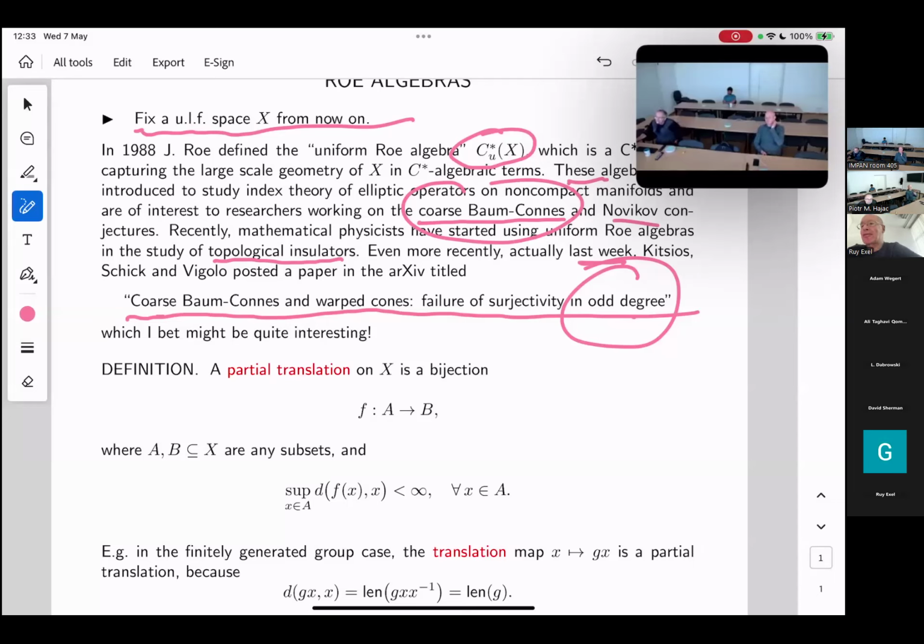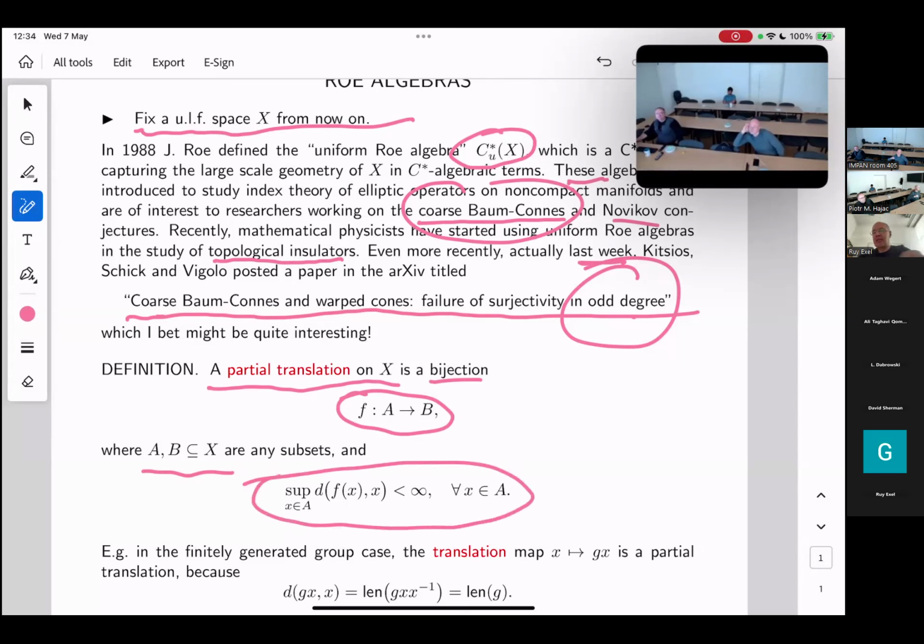Every time you talk about Roe algebras, property A is fundamental. Okay, so a partial translation on a ULF space is by definition a function f between two subsets of X, any two subsets of X. So we're looking at a bijection between subsets of X satisfying this property down here.